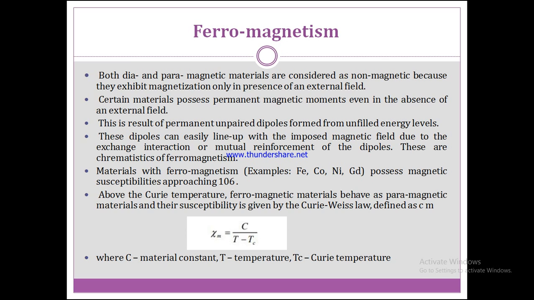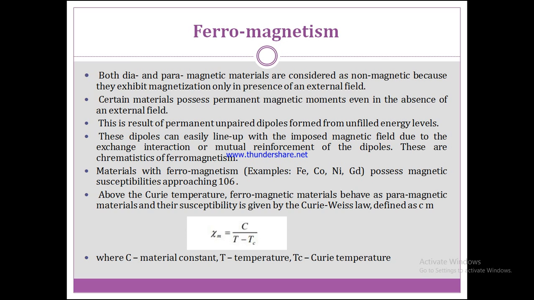As far as ferromagnetic material is concerned, this is the first material in which a permanent magnetic field is generated. Why? Because diamagnetic and paramagnetic materials behave as magnetic materials only in the presence of an external field.